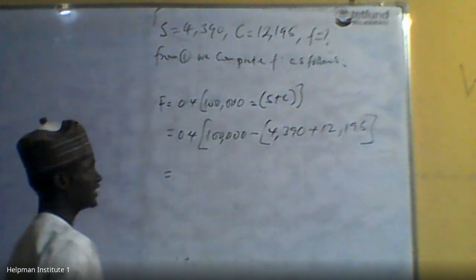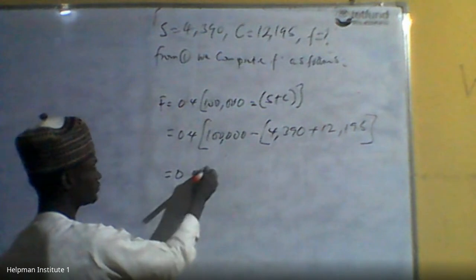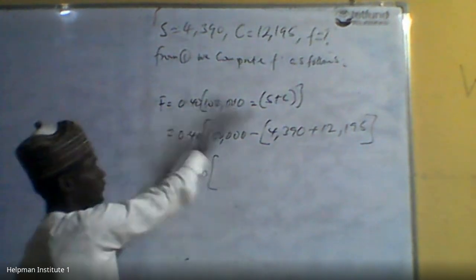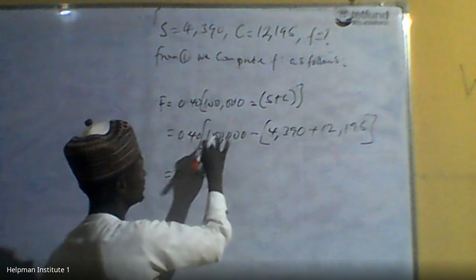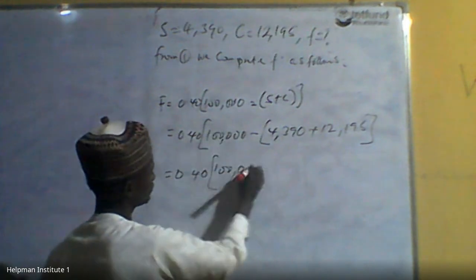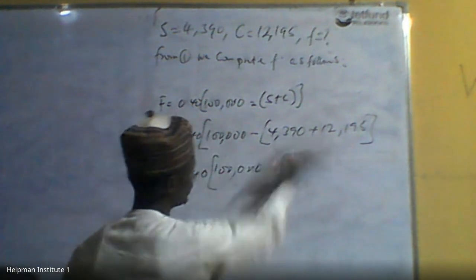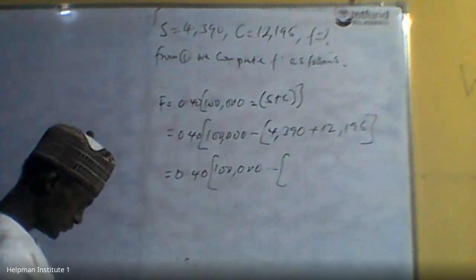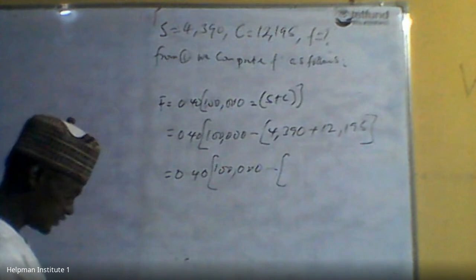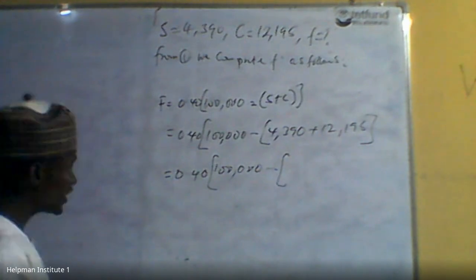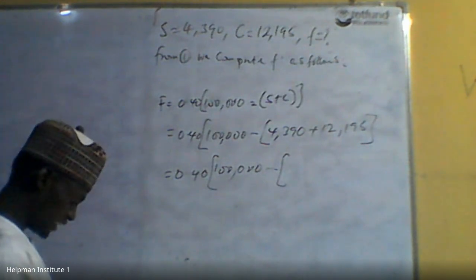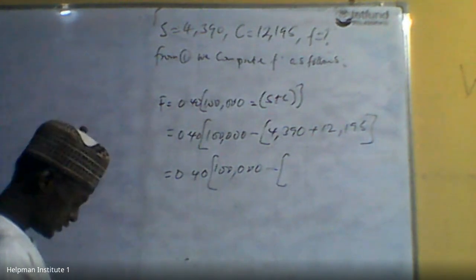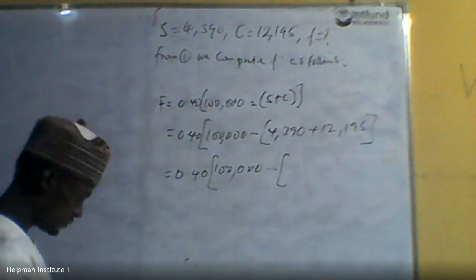So let's take the inner part of the bracket. Let's add C and S. What do you have? 4,390 plus 12,195.